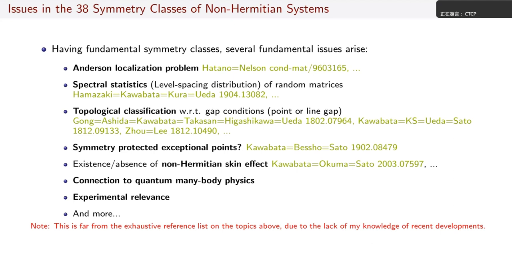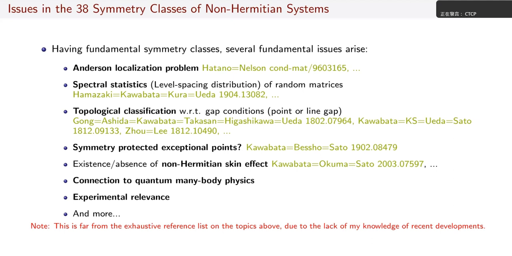So okay, we got the classification of fundamental internal symmetry in non-Hermitian systems. Then very interesting problems include the localization problem, because it was originally discussed in the Hatano-Nelson paper in one-dimensional non-Hermitian systems without symmetry, where non-Hermitian localization occurs.